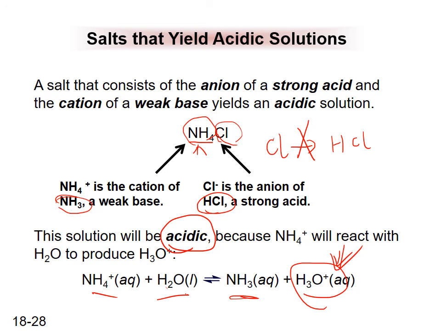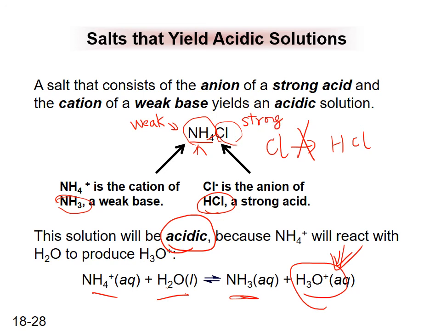One way to remember this is that you look at the salt. One side is weak: ammonium comes from a weak base, but chloride comes from a strong acid.